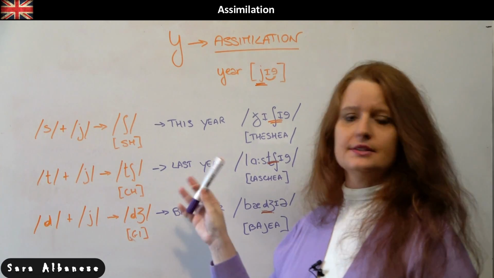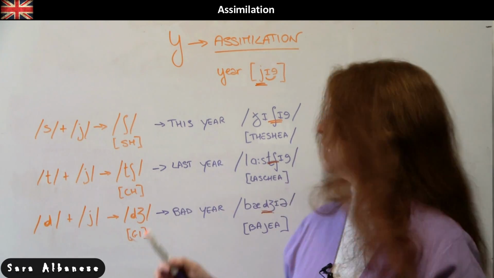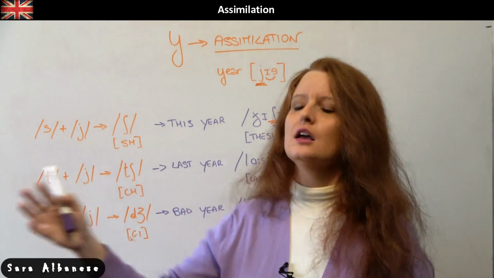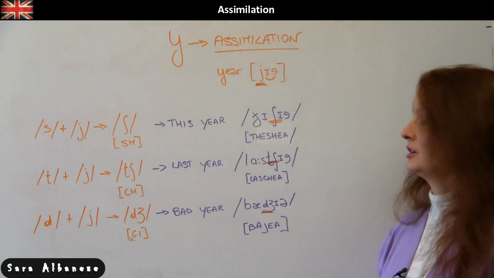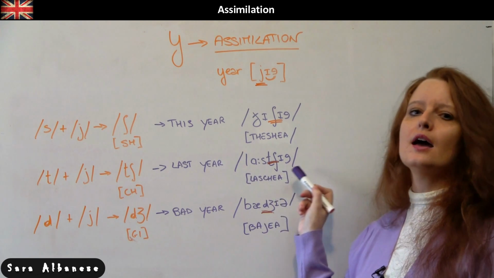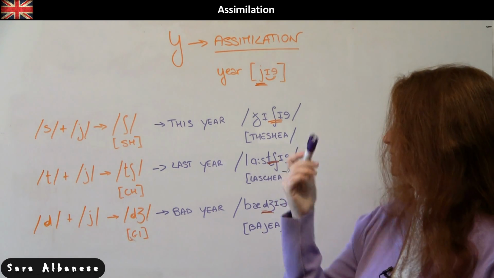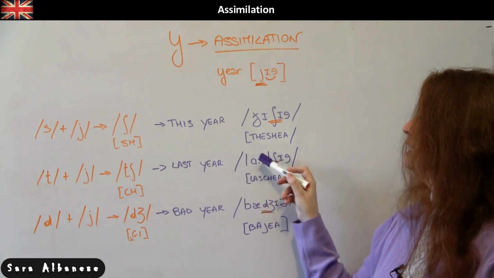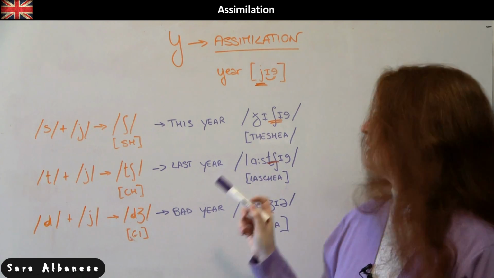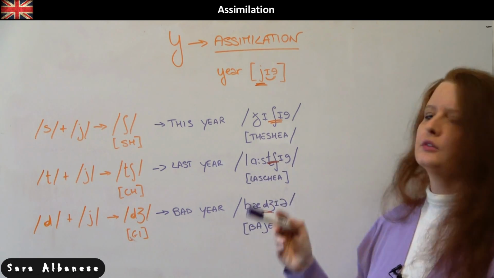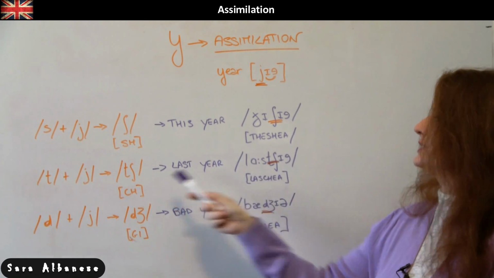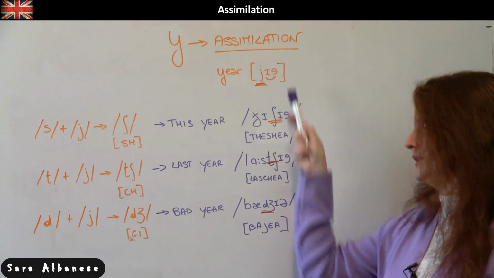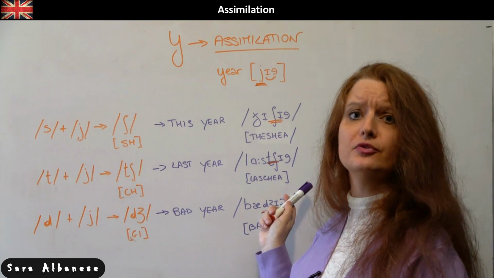So, in this case, "last" and "year," again, pronounced together: "last year." This is the way we write that using the International Phonetic Alphabet: the L, the A, which is R, and here the colon, which means that we have a longer sound, and then this sound here, "ch," and then the diphthong is obviously the same as before.